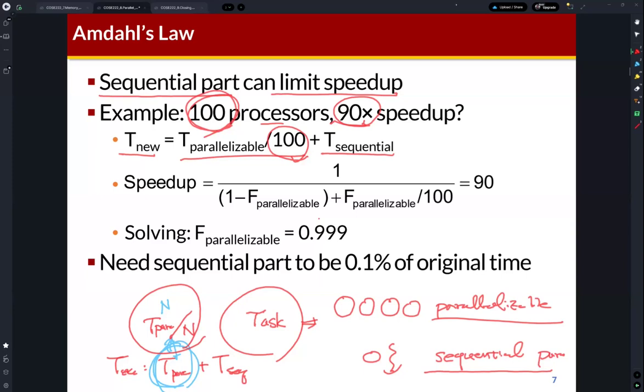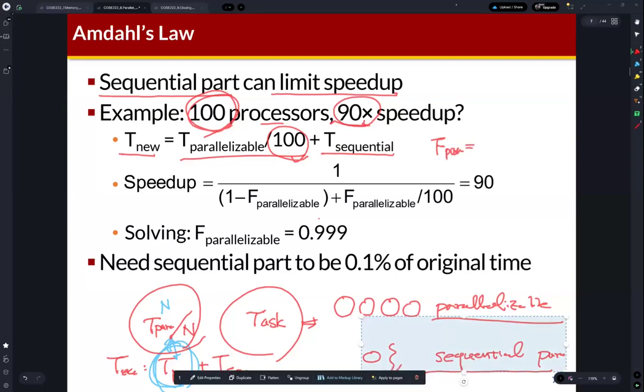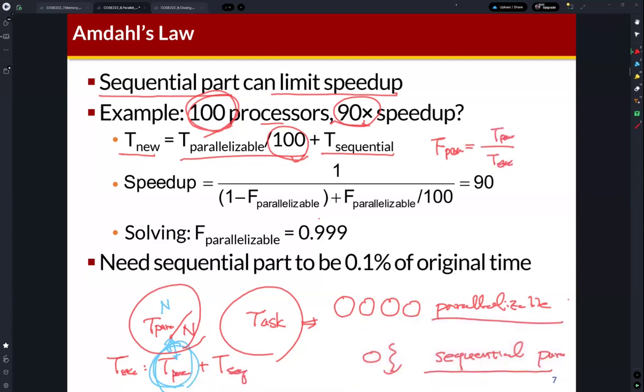So f parallelizable is T parallelizable divided by T execution, for the original task.